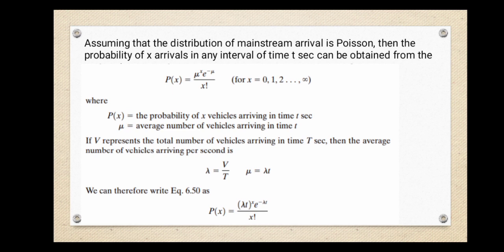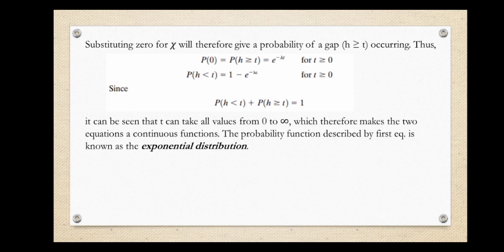We can therefore write equation 6.50 as p of x is equal to (lambda times t) to the power of x, times e to the power of negative lambda times t, over x factorial. So substituting 0 for x will therefore give a probability of a gap h greater than or equal to t occurring.